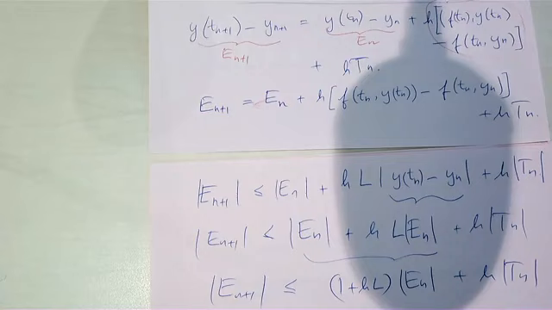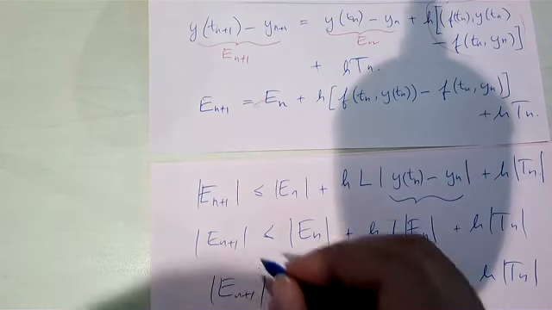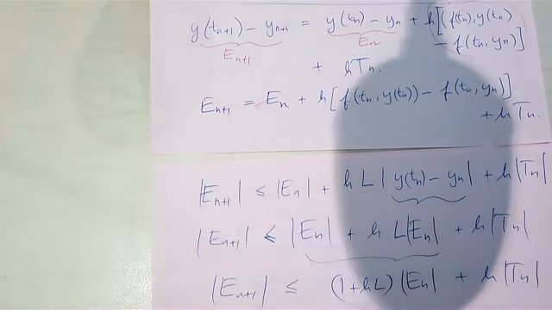Still less than or equal to. Yeah, sorry. So it should still be less than or equal to, yeah. Because you have to apply the triangle inequality, because they could be negative, so you have to make absolute value.